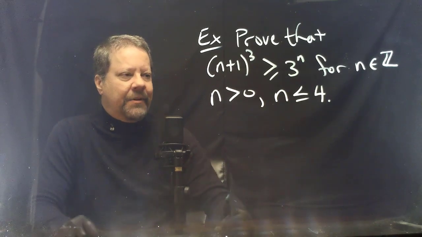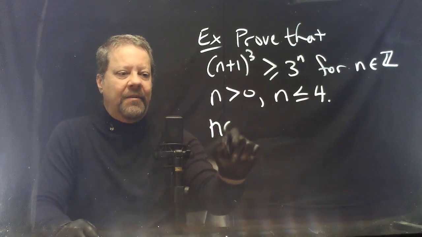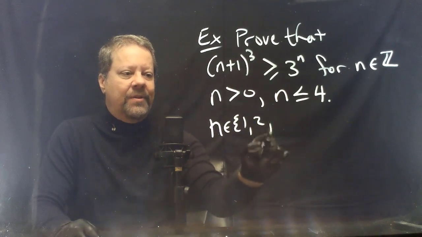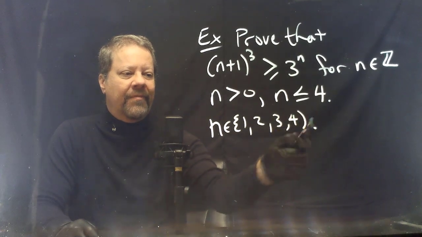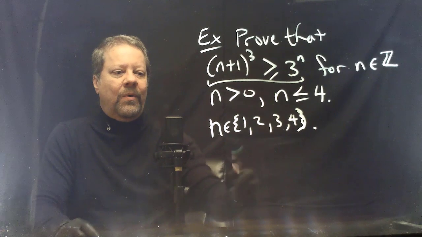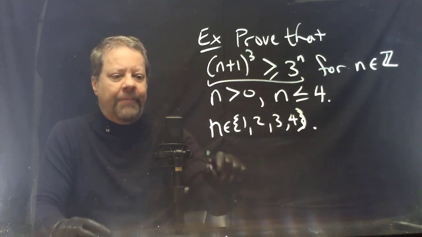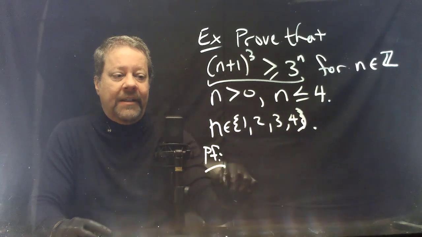Because n is less than or equal to 4, in our proof, n lies only in the set 1, 2, 3, and 4. So all we have to do is check that this inequality holds for these 4 values. We should use an exhaustive proof method by just checking every conceivable case.